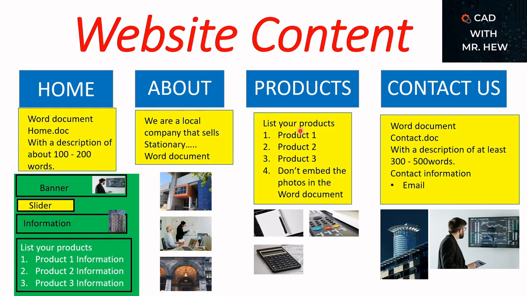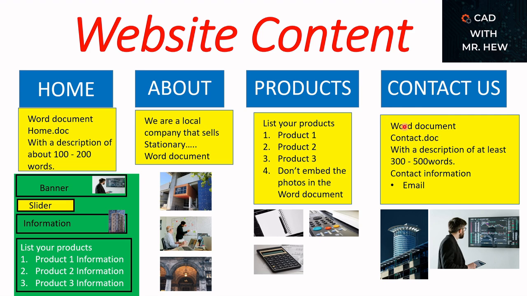And also for the products, we could list our products and also have pictures on a Word document. This is before we're actually going to make the site. We could use a Microsoft Word document to type out the different information and photographs that we would have on the 4 pages that are shown here, right?